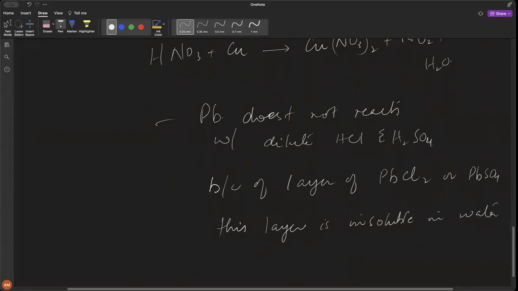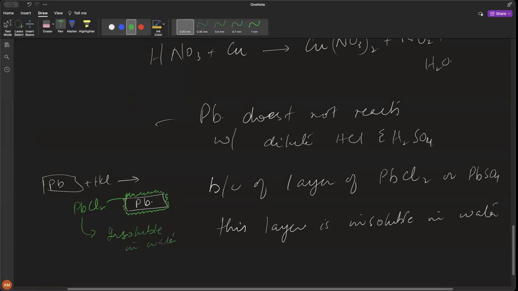So the salt that is formed initially, like this, lead Pb plus HCl, most of it is going to remain Pb, but some of it becomes a layer of PbCl that is formed. This PbCl is insoluble in water, so it forms a coating around the metal.